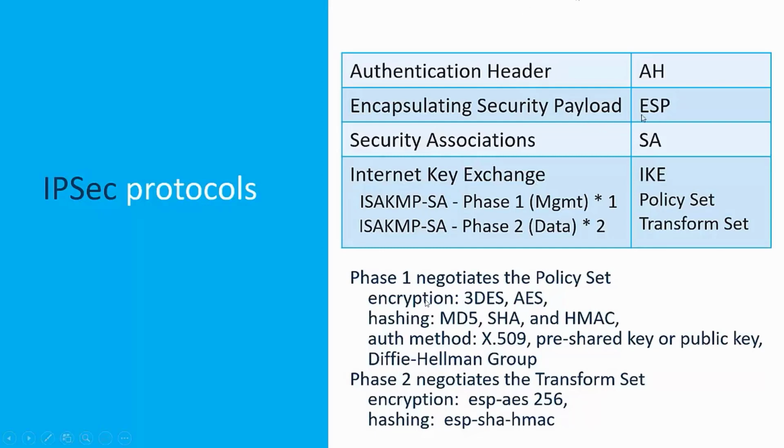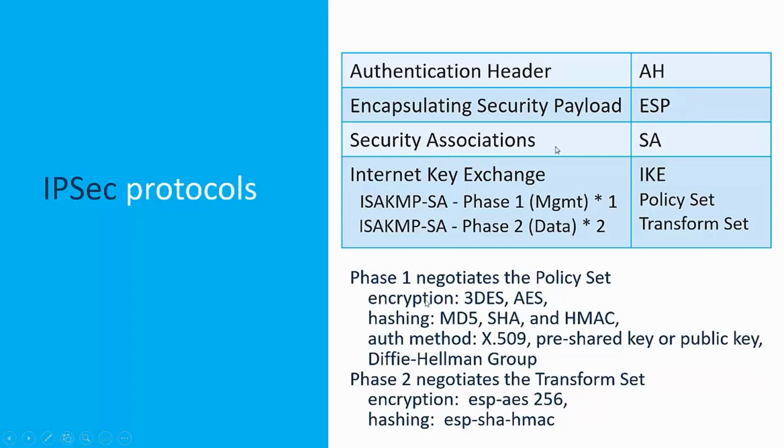Encapsulating security payload, or ESP, does provide confidentiality through encryption, and it can provide some of the same authentication methods like integrity checks to be able to verify the integrity of the data. ESP is more popular because of those reasons.